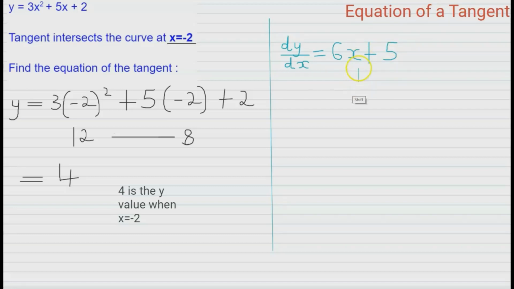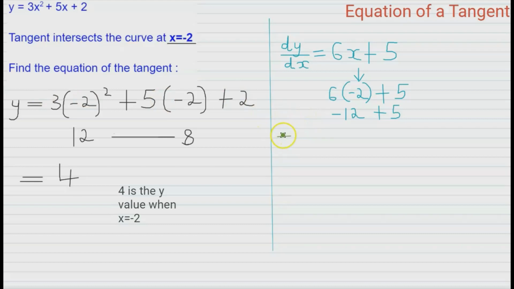And now we can just sub in. Of course we've got our x value, so 6 times minus 2 plus 5, that'll be minus 12 plus 5, so that will just equal minus 7. I'll write that in green.